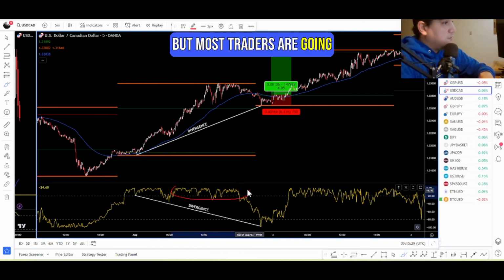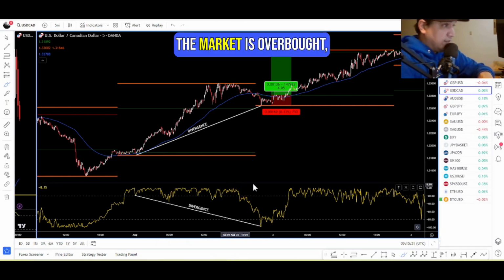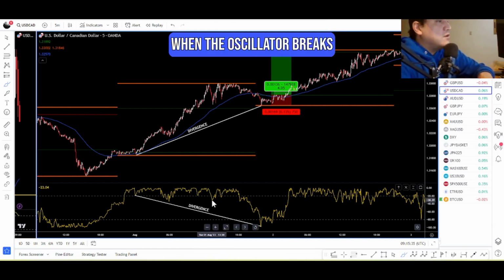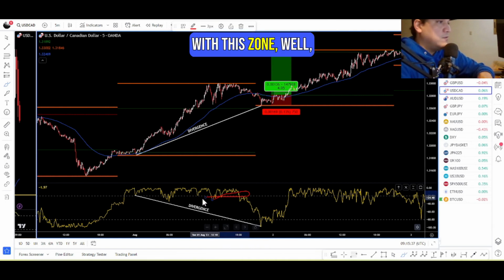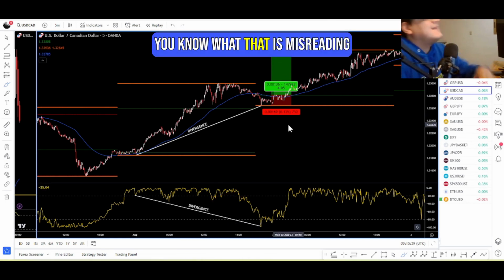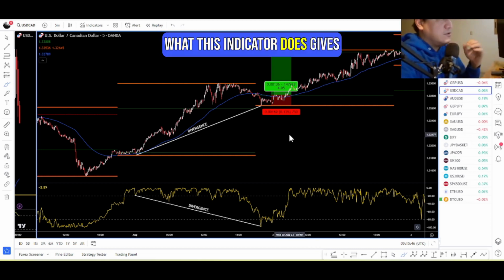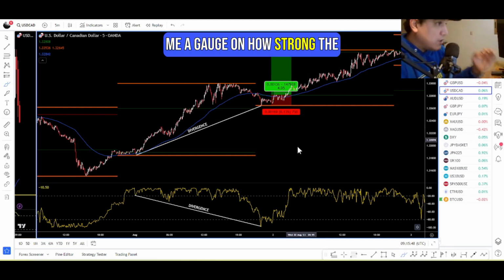But most traders are going to look at this as, oh, the market is overbought, so it's time to go short when the oscillator breaks with this zone. Well, you know what? That is misreading what this indicator does.